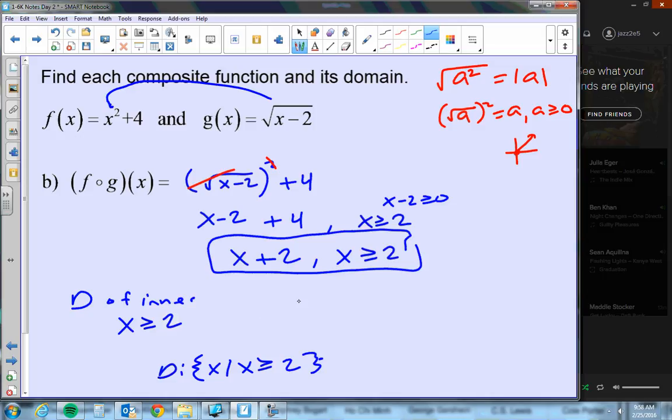And then the second process, you figure out when the inner causes a problem for the outer. Except the outer function never has a problem, right? So you just don't get anything from that. So you start with the domain of the inner, then remove anything when the inner causes a problem with the outer, except for that just didn't apply here. So we're done.